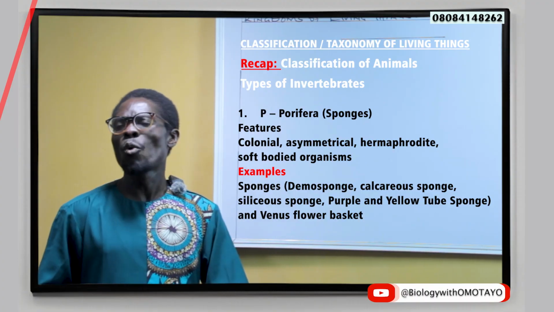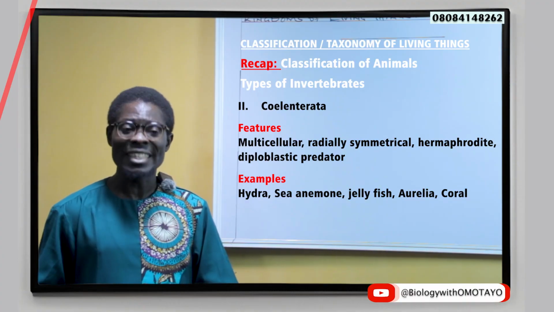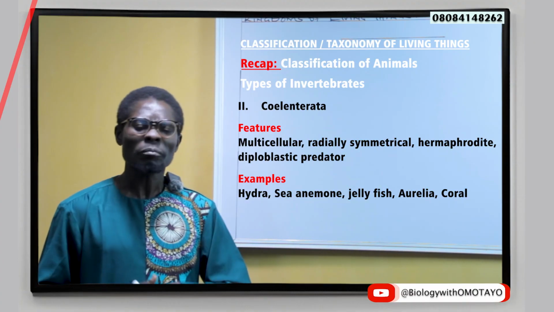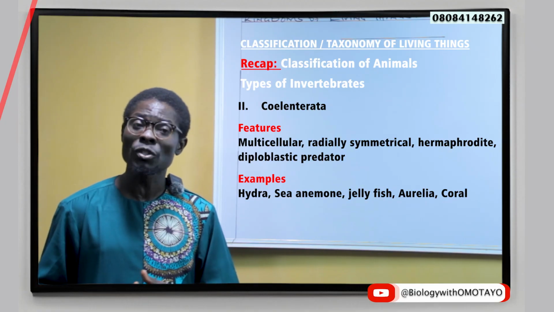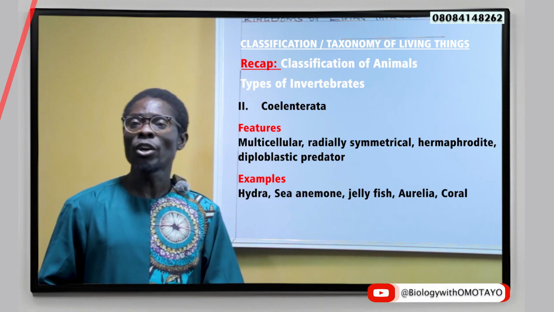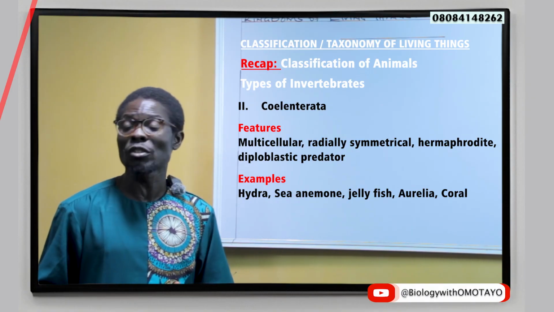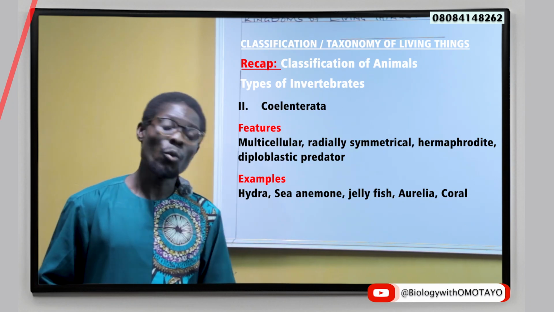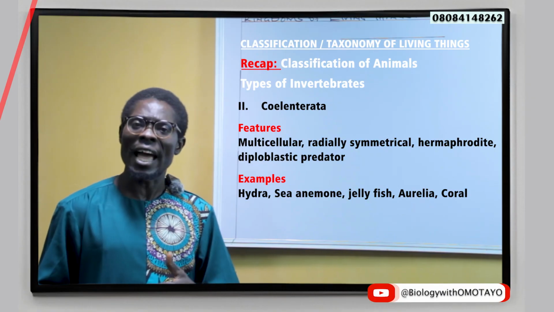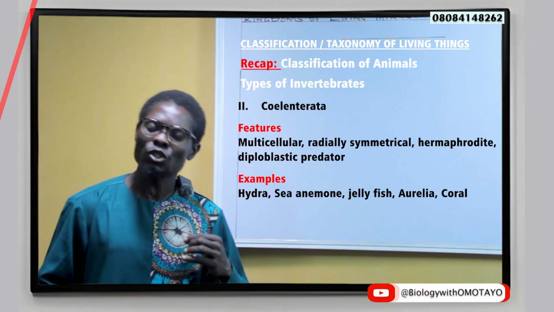From Porifera, we went on to look at Coelentrata, that is also known as Cnidaria, Phylum Coelentrata or Phylum Cnidaria. This is where we have organisms such as the Hydra, the Obelia, the Aurelia, okay? We have the sea anemone, and so on. Here, they have a false body cavity, even though we have body layers like the ectoderm, endoderm, and a mesoglea.